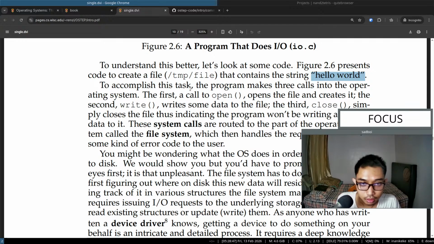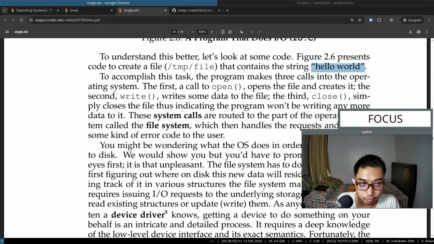To accomplish this task, the program makes 3 calls into the operating system, which is open, to open the file or create it if the file did not exist.